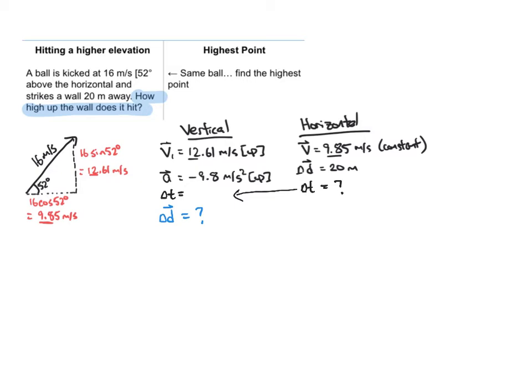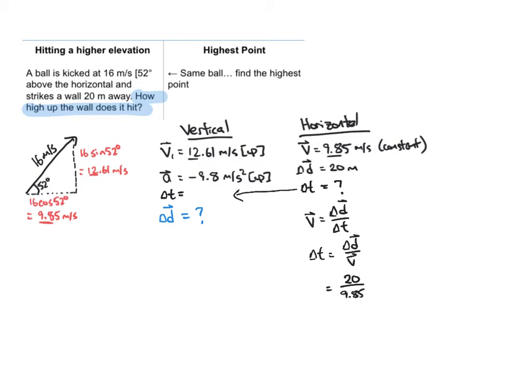So I'll do that. Horizontally, I'm going to calculate the time. Because this is constant velocity, we can say that velocity is displacement over time, and solve for the time. So that would be displacement over velocity. Fill in the values, 20 over 9.85.